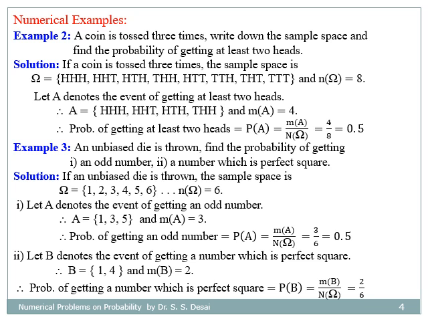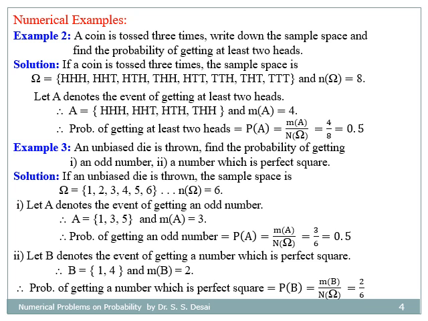The third possibility is that we may have two heads and one tail, which can be written in three different ways. The fourth possibility is one head and two tails, which also can be written in three different ways. So in all, we may have 8 different possible results, and hence the number of possible cases in this trial is 8. Now let A denote the event of getting at least two heads.